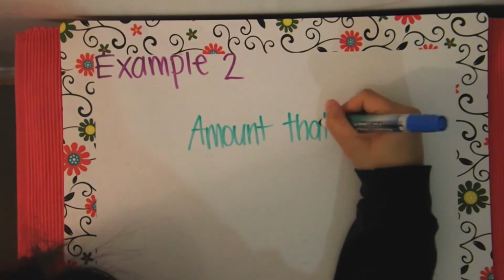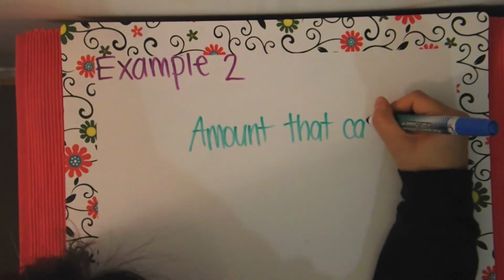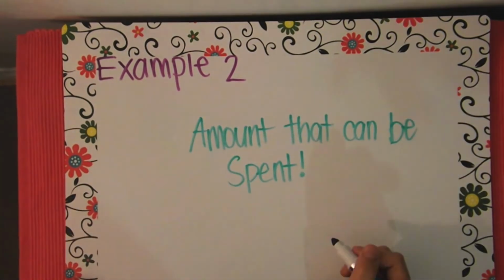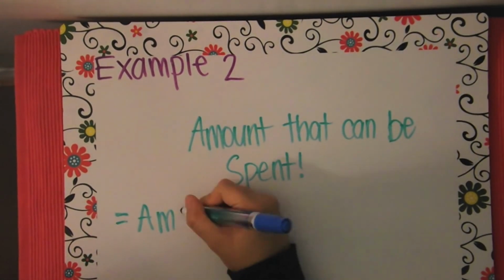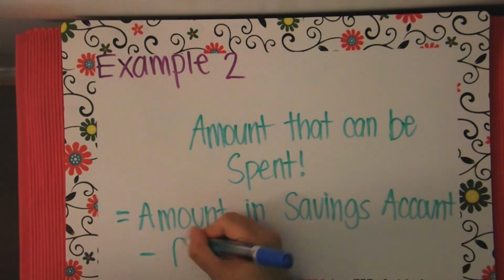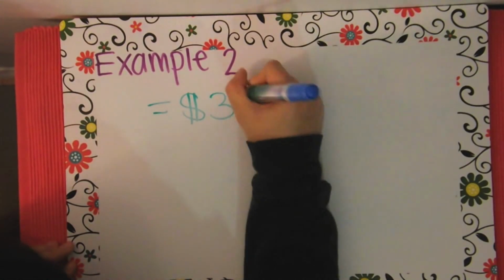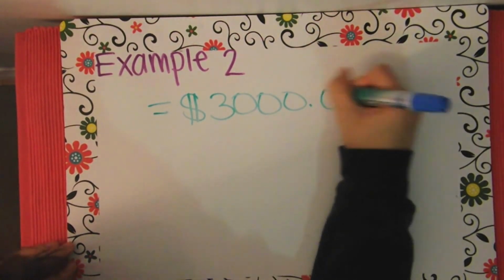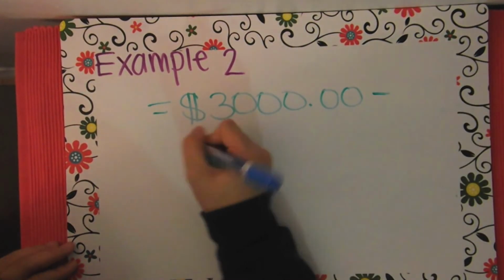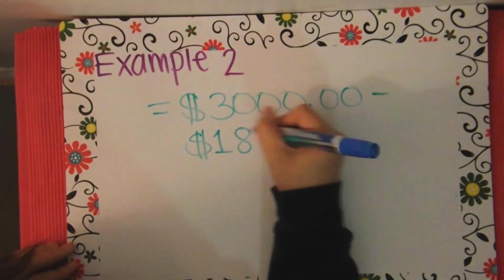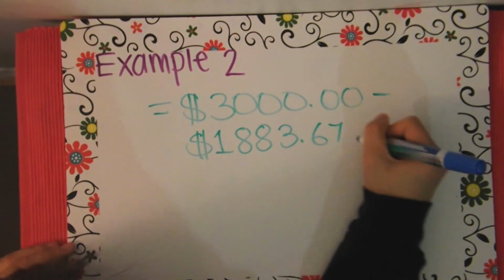Whatever he has left after this amount is what he can spend. To find out the amount that can be spent, use the amount in the savings account minus the present value. So subtract $1,883.67, which is the present value, from $3,000.